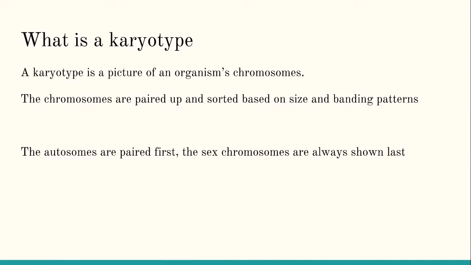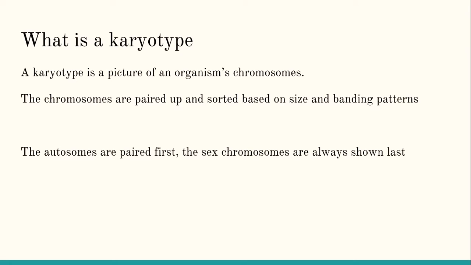Now, where do karyotypes come in? A karyotype is basically a picture of an organism's chromosomes. These chromosomes are paired up with their homologous partner, the one from mom and the one from dad, and they're sorted based on their size and their banding patterns.